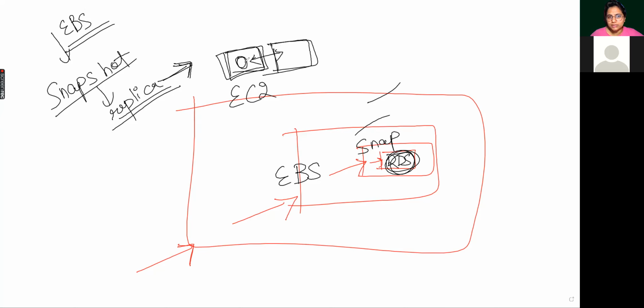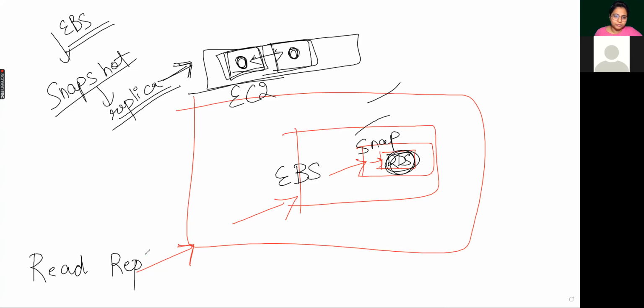See, this is the circle here. A similar circle will be here. So this is known as the replica. An exact same copy of something is known as a replica. I'll write it again: read replica created from the snapshot.